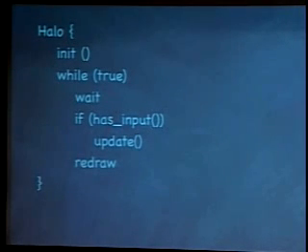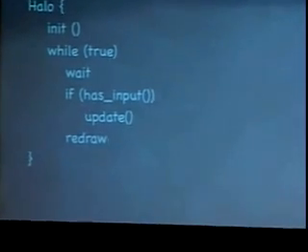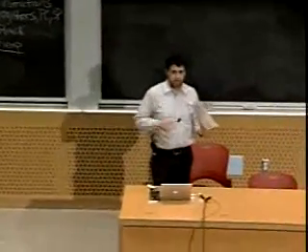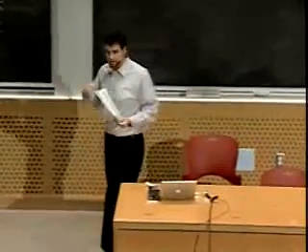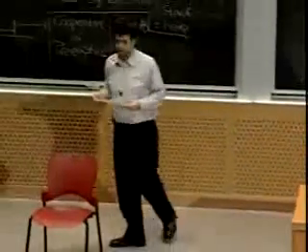Because Halo's a video game that somebody's staring at, it needs to update that display at some rate, say 20 times a second, in order to create the illusion of natural animation in the game. So this wait step is going to wait, say, a 20th of a second between every step. Okay, so this might be one example of a thread.